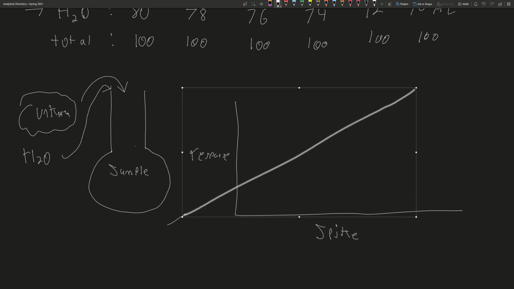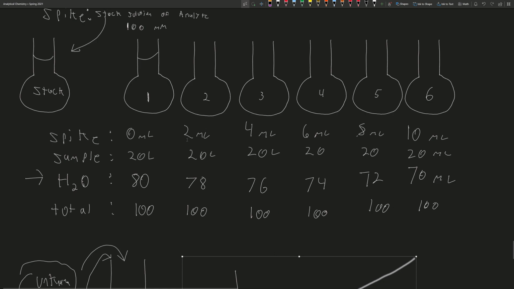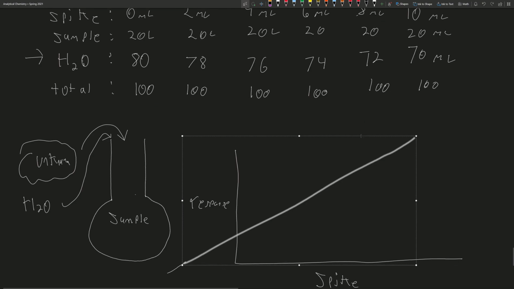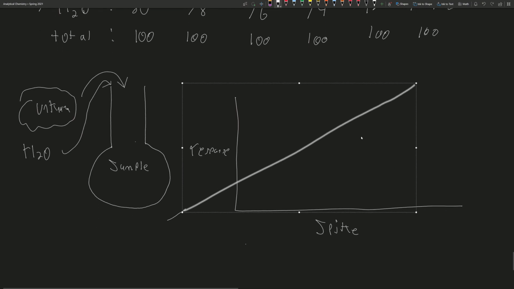Let's say we had spikes of 0, 2, 4, 6, 8, and 10.